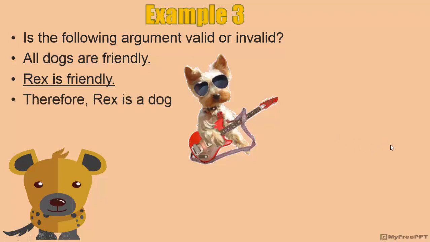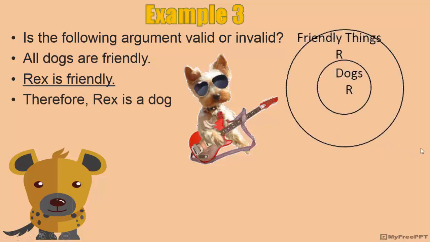So we construct our Euler diagram using our first two premises about friendly things and dogs. Well, we see Rex is friendly, so Rex is definitely a friendly thing. And Rex could be a dog, so we'll put him in dog. But we're not sure whether or not Rex is definitely a dog.